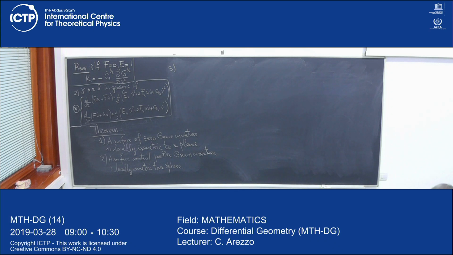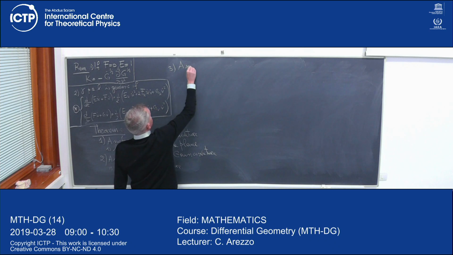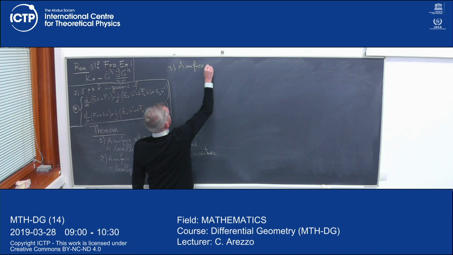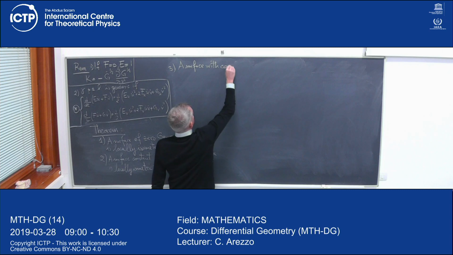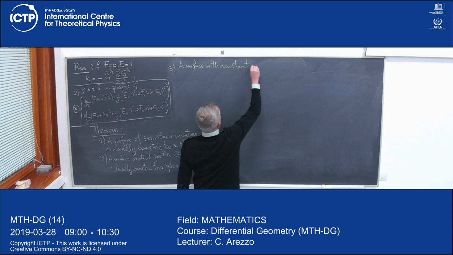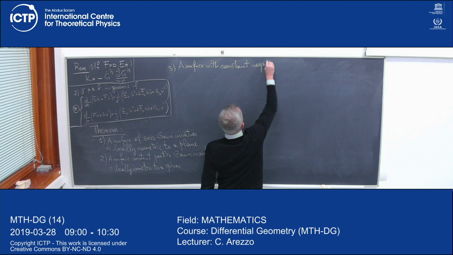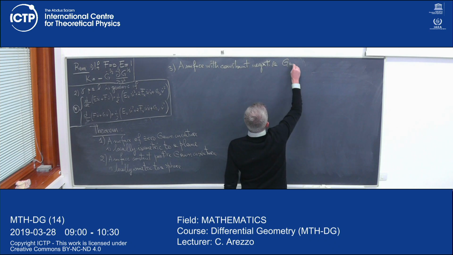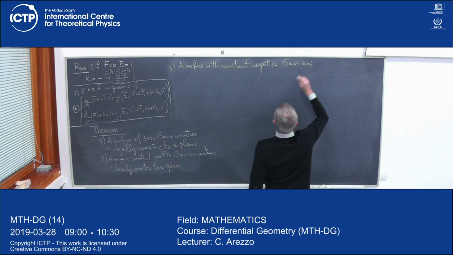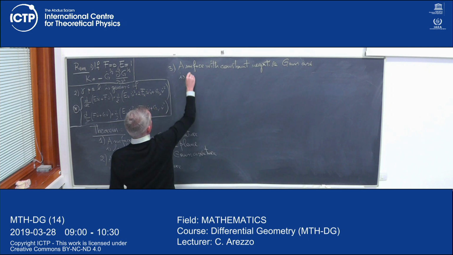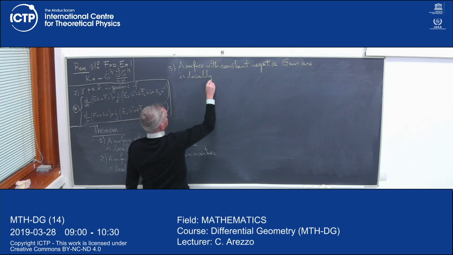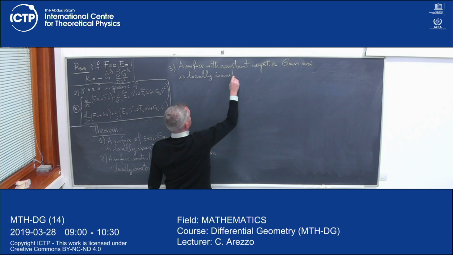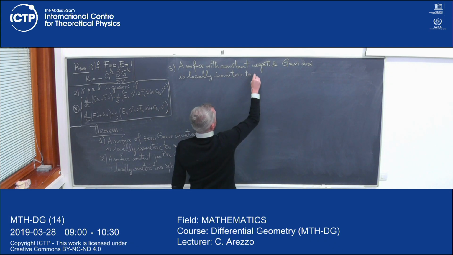A surface with constant negative curvature is locally isometric to a pseudosphere.